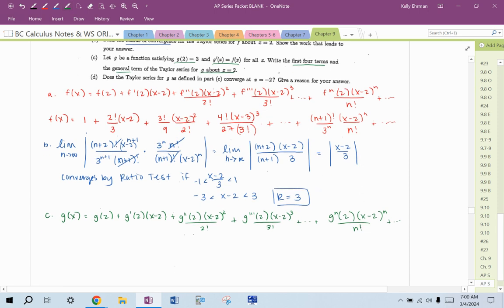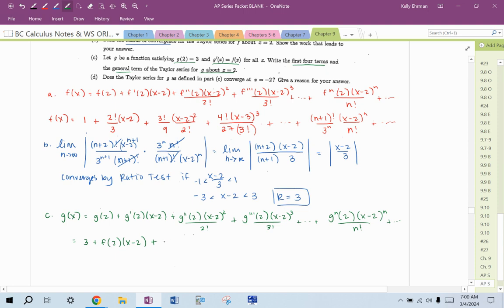Well, we know that g of 2 is 3, so that's fine. When we say g prime of 2, we really mean f of 2, because g prime is equal to f of x. So g prime of 2 is f of 2 times x minus 2. Everything gets knocked down by a derivative.